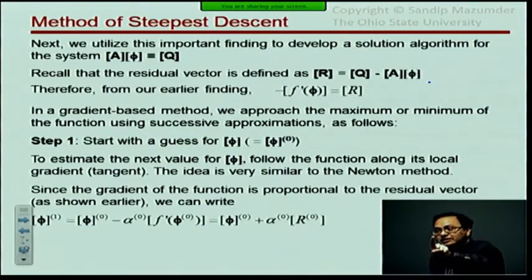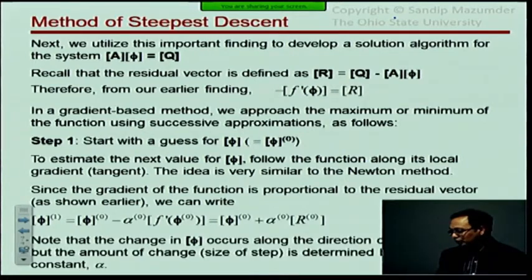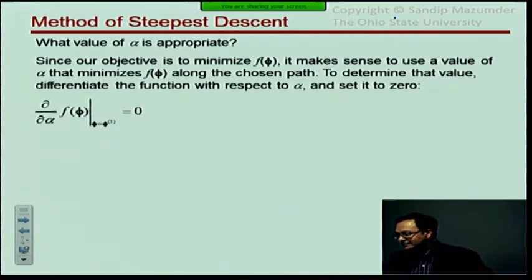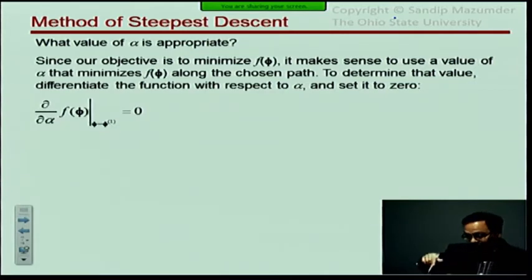Okay, so that's what it's going to do, as you will see in the derivation shortly. So this alpha is determined by saying that, along that trajectory that I'm following, I'm going to go to the minima, and I don't want the function to go up again.